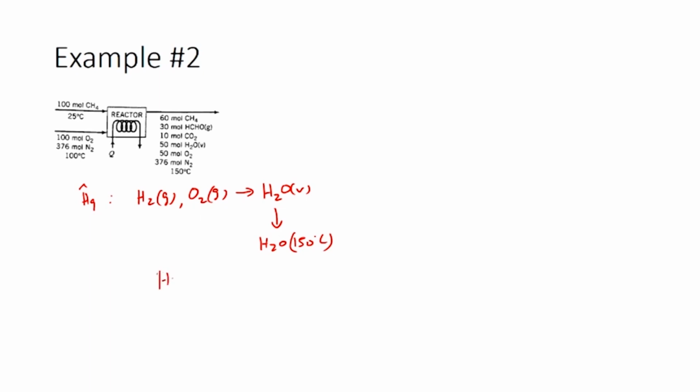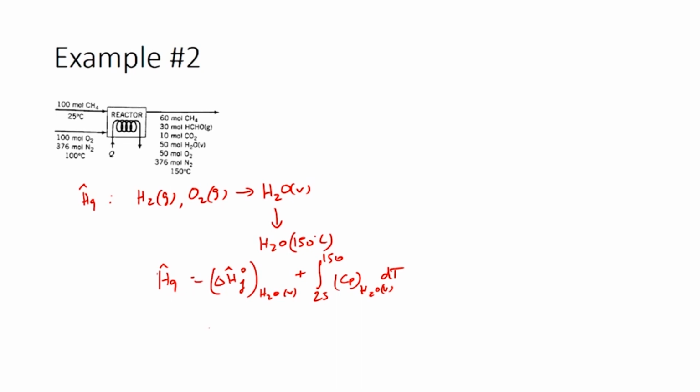So, your H9 cap would actually be equal to delta HF cap of water vapor plus either integral Cp dt, or you can also use value from the enthalpy table for combustion gases. So, you would have 25 to 150 Cp of water vapor dt.